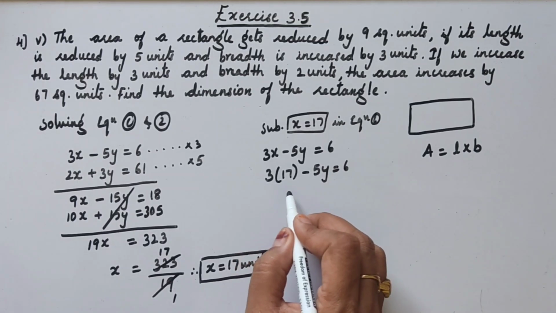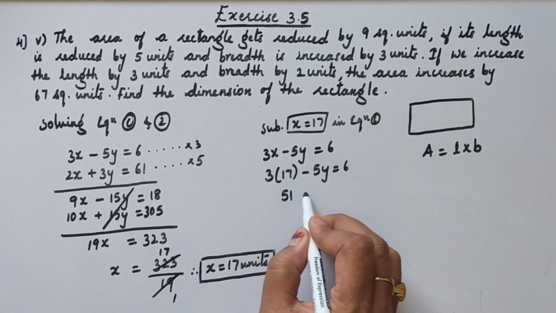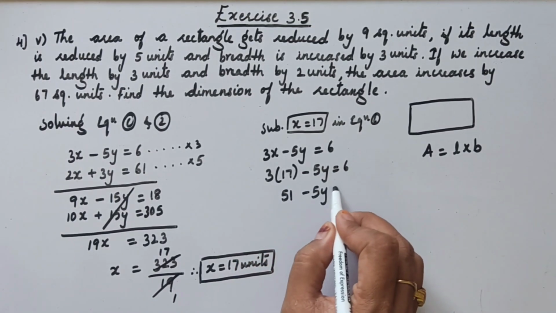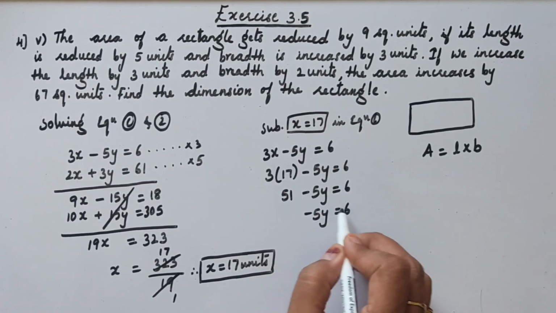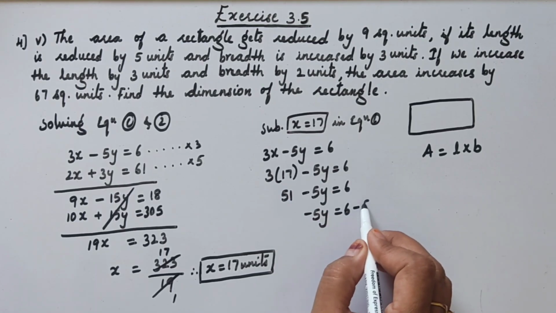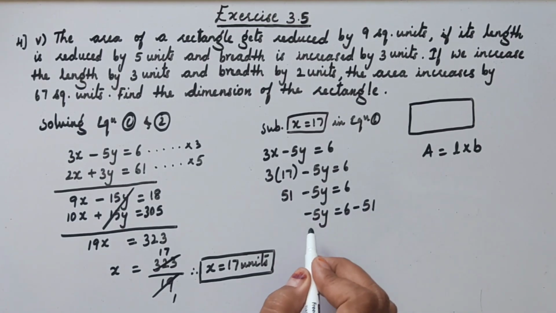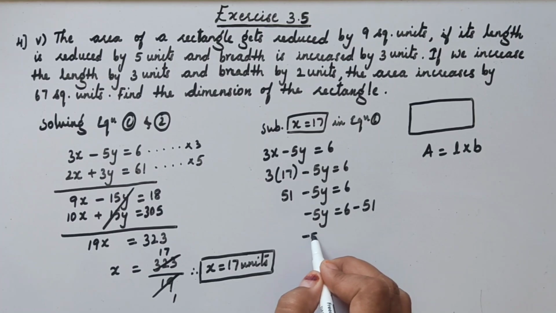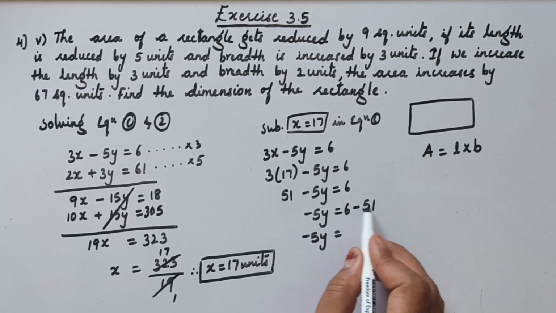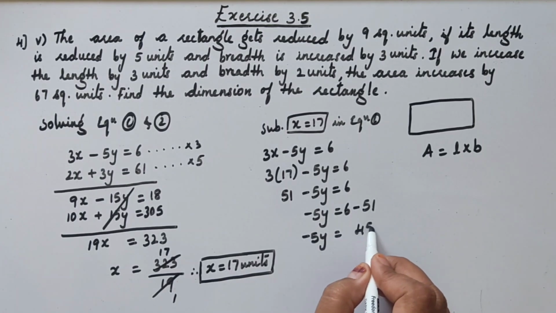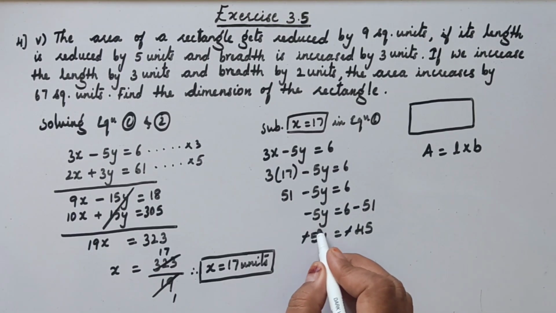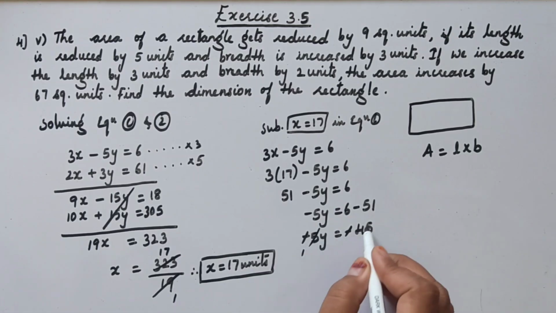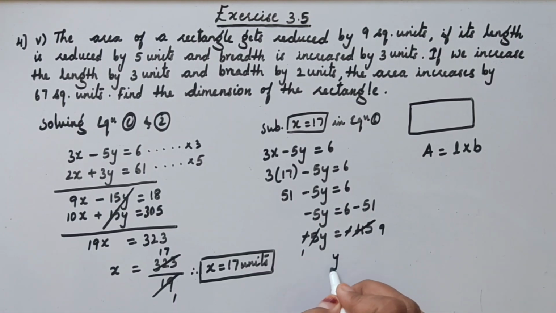Now 17 into 3 I got 51, minus 5y equal to 6. Shift this to the other side, you're going to get minus 51. Now minus 5y equal to, when you subtract these both, you're going to get minus 45. Minus minus gets cancelled. You can directly cancel here, 5 nines are 45. I got y equal to 9 units.